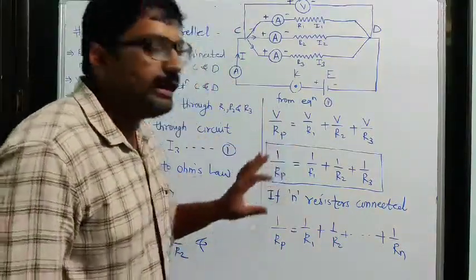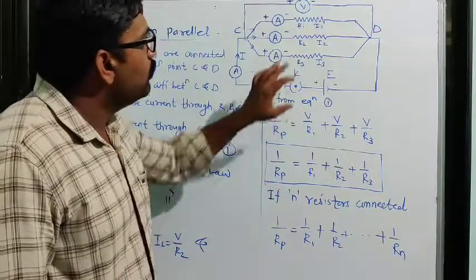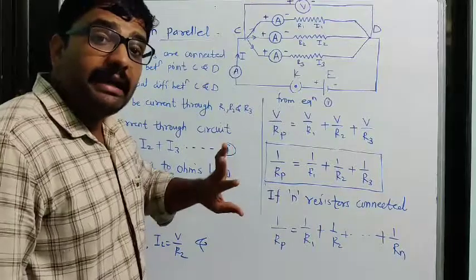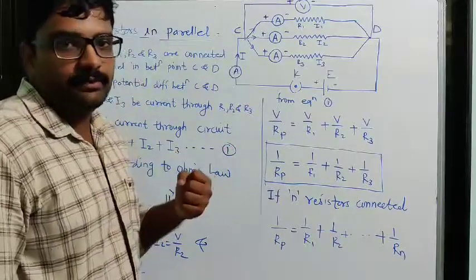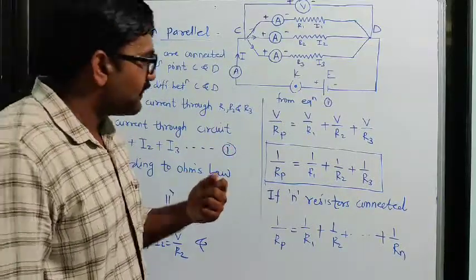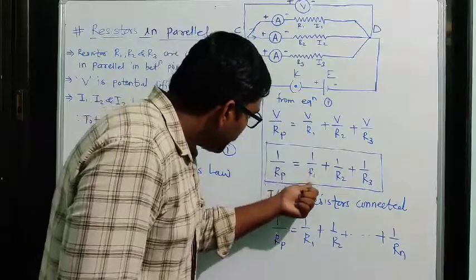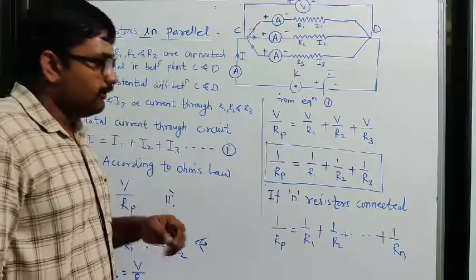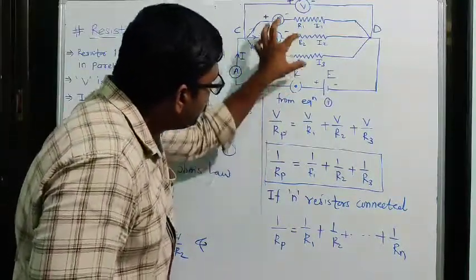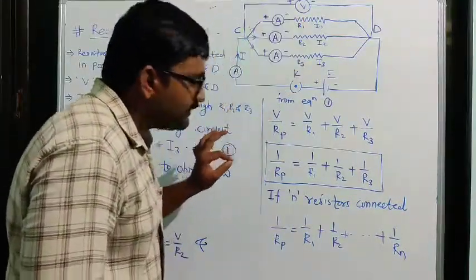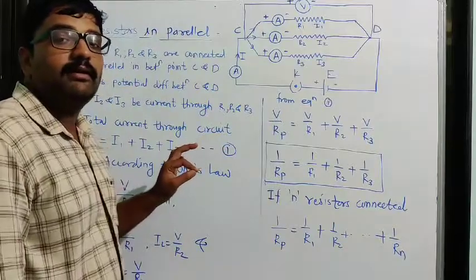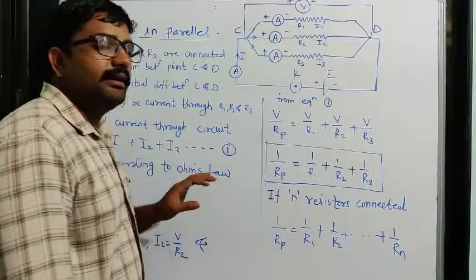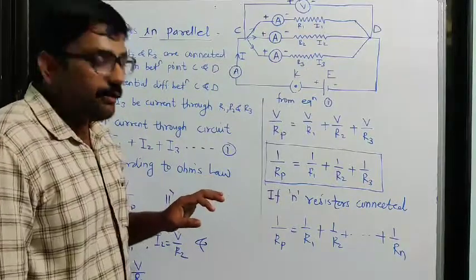This is the equivalent resistance of the circuit when three resistors are connected in parallel.